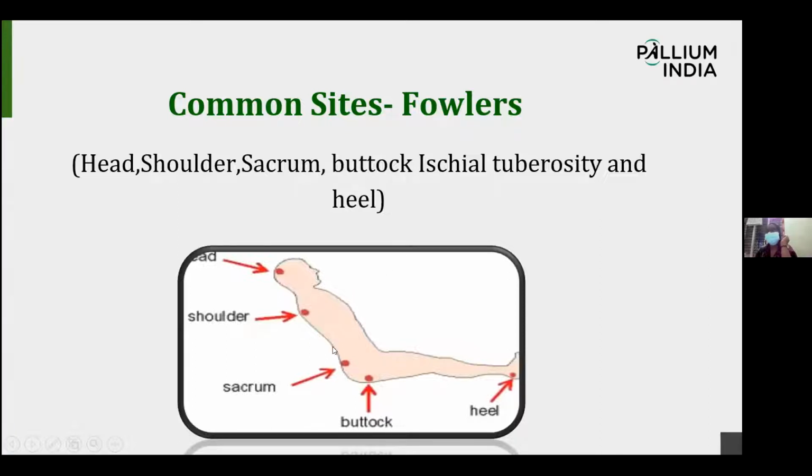Even if the patient is in Fowler's position, where we are not able to put the patient in supine, right lateral or left lateral position, you have to give at least some position change; it is mandatory. You have to turn the patient at least a few degrees, maybe 10 degrees, rather than leaving the patient in one position.